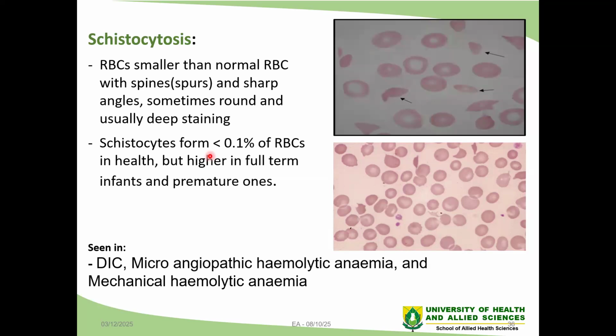But we are told that it's normal to find schistocytes in a healthy person. Usually less than 0.1% of red cells are schistocytes. But if you have these numbers increasing, then it means that something definitely is wrong. Again, you might come across these fragmented red cells in conditions such as disseminated intravascular coagulation, microangiopathic hemolytic anemia, as well as various mechanical hemolytic anemias.